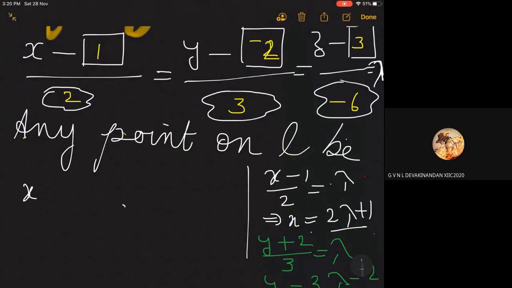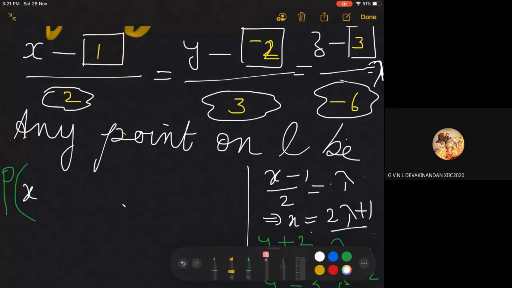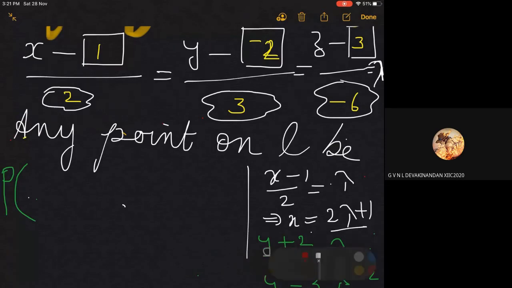So any point on the line, you can take as the coordinates of P. Any point means it is a variable point, which is usually denoted by x, y, z.